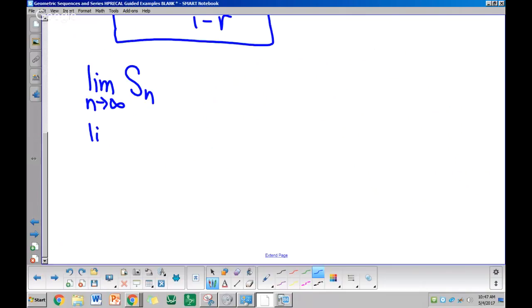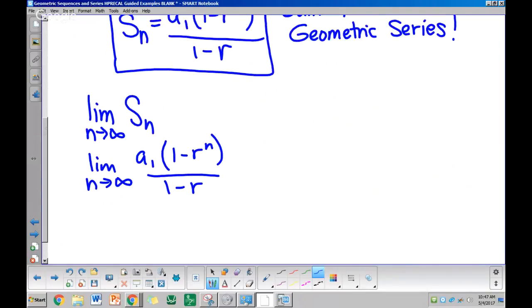The limit as n goes to infinity of a sub 1 times 1 minus r to the n over 1 minus r. Does it approach infinity? In our case where we had r of 2, what happens? This number is going to get bigger and bigger and bigger, isn't it?